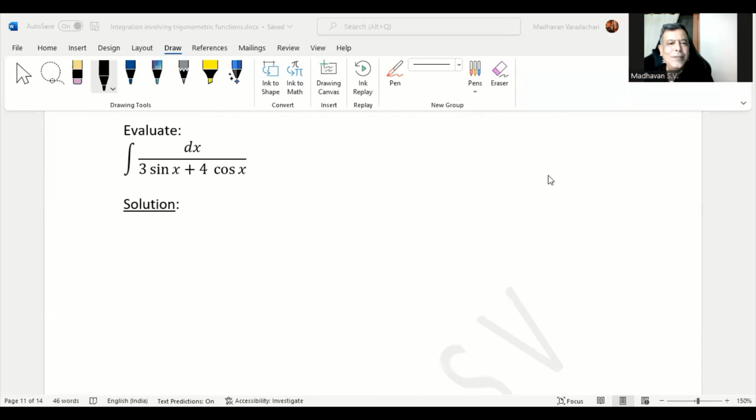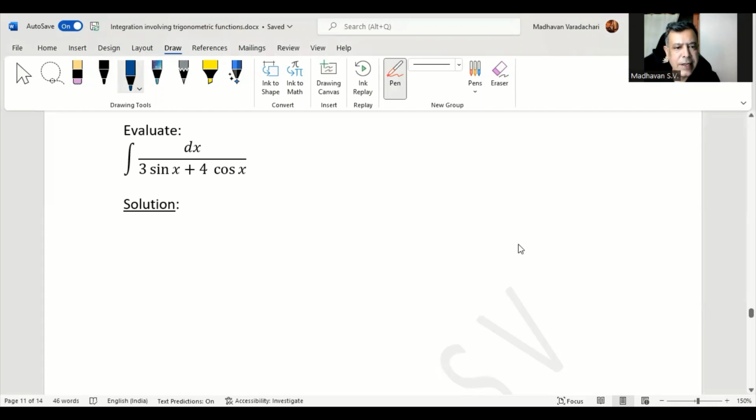In this question, we need to evaluate integral dx divided by 3 sin x plus 4 cos x. For evaluating this, we will be using some trigonometric identities, which are: sine 2 theta is equal to 2 times tan theta divided by 1 plus tan square theta.